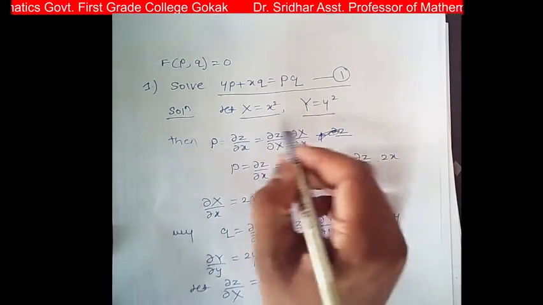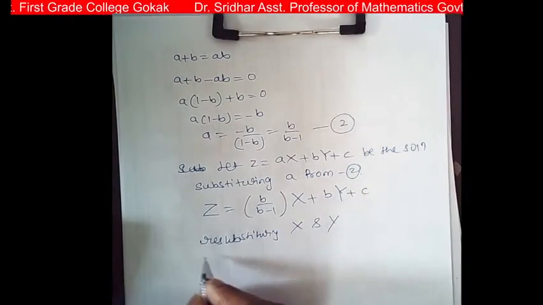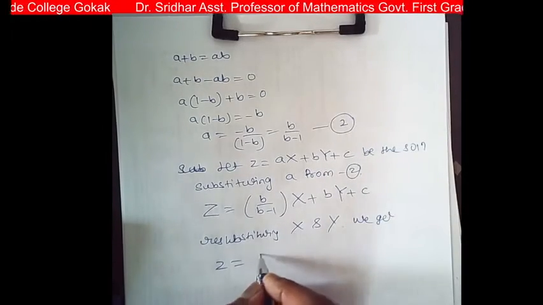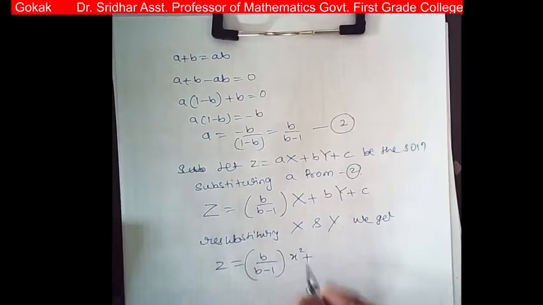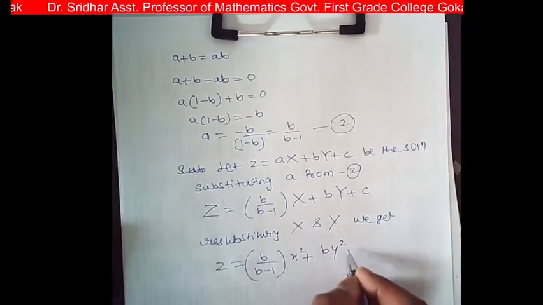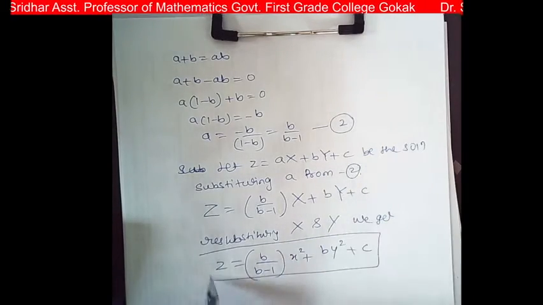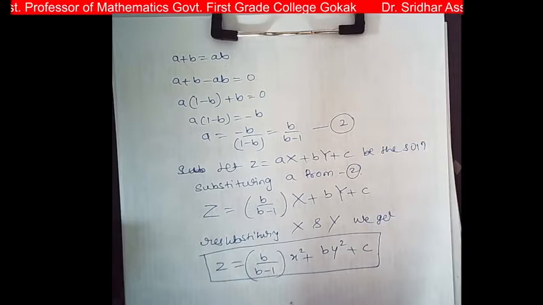So this we have to substitute here. So we get z is equal to b divided by b minus 1 x square plus b into y square plus c. So this is the solution of the given problem. Okay.